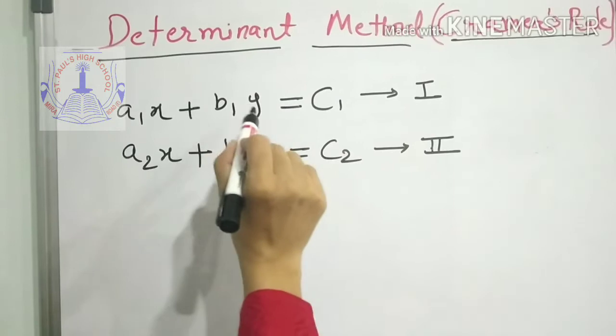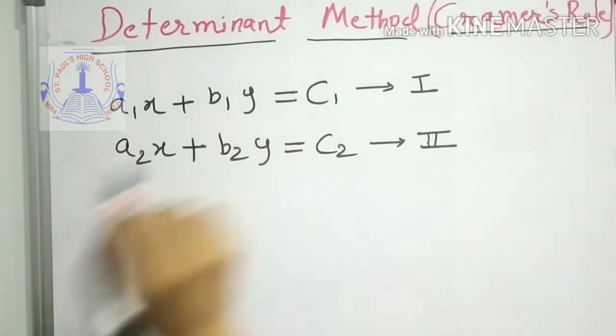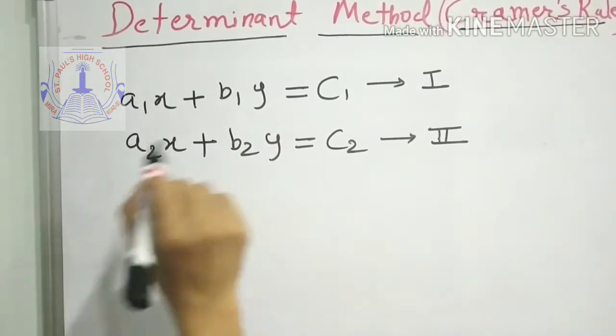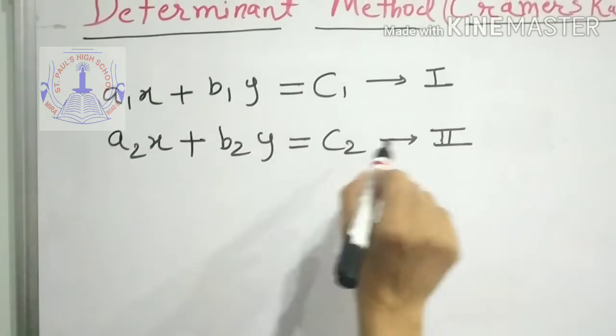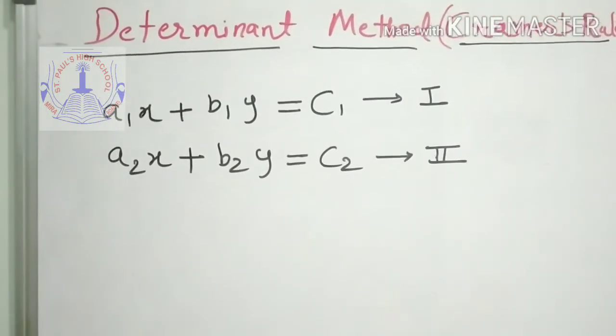a1x plus b1y equal to c1, equation number 1. a2x plus b2y equal to c2, equation number 2.